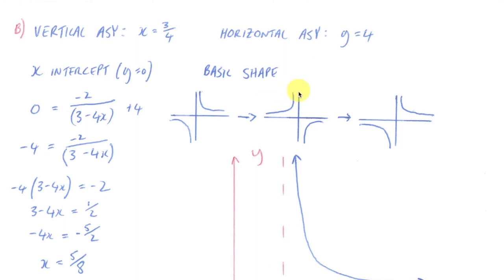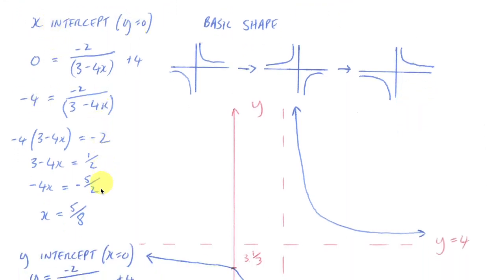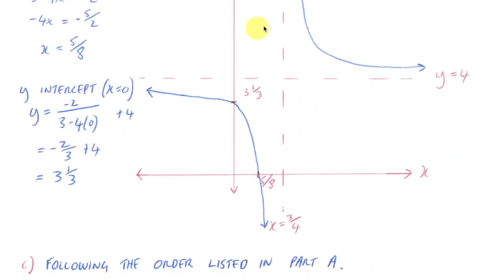And then we've got this transformation applied, which is just into the x-axis, and then finally another one, we end up with this shape. So because of the double reflection, we end up where we started from. X-intercept, y-intercept, draw in my asymptotes, put in my intercepts, and sketch.